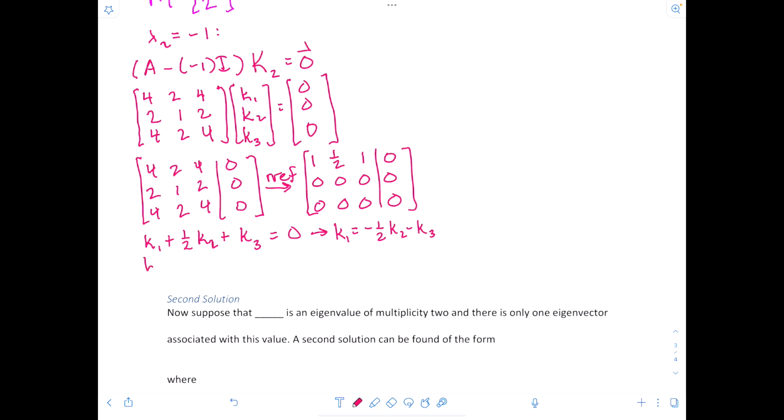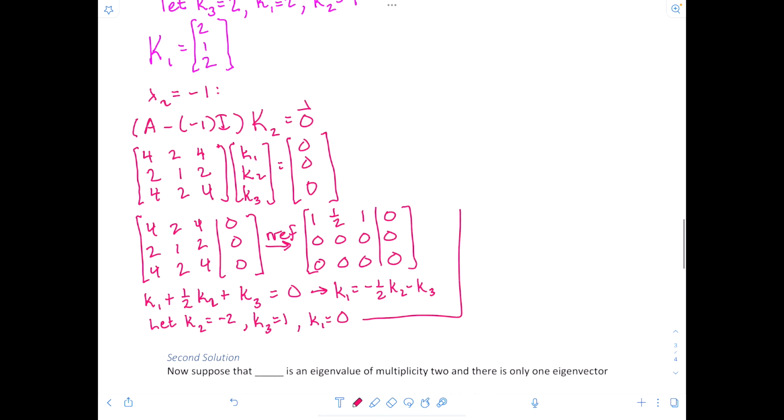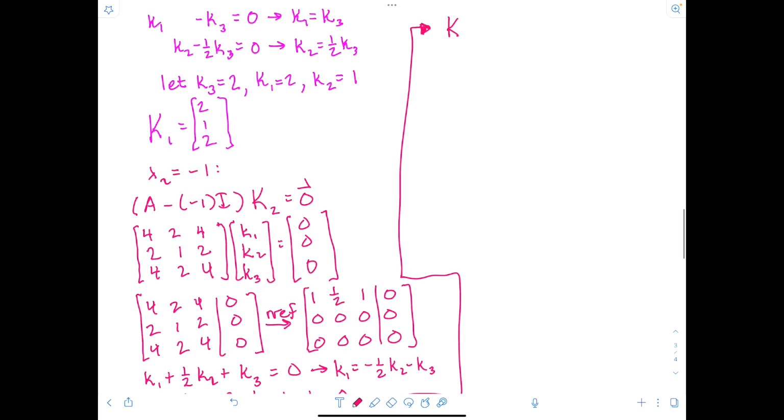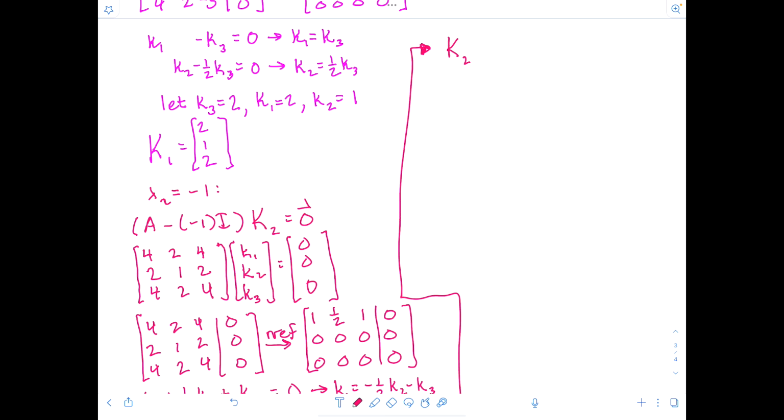If I let K2 equal -2, that would give me a +1, and I'll let K3 equal 1. That'll mean that K1 is 0. So our first vector, actually vector K2, will equal 0, negative 2, 1.